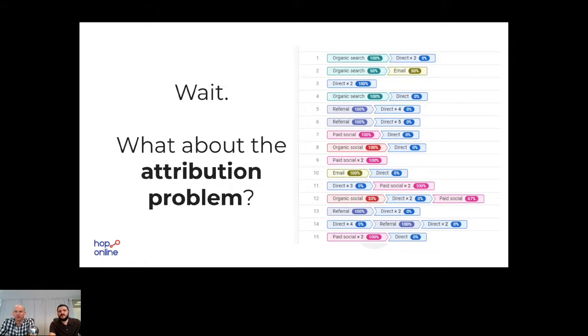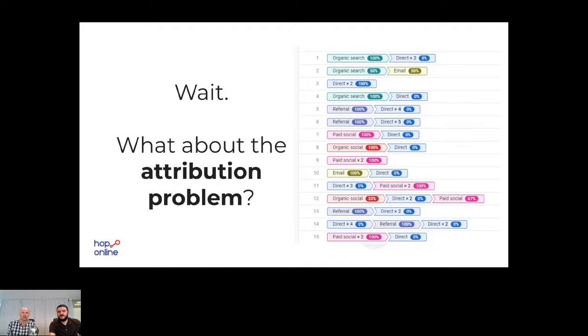They may get involved in email journeys. They may click on links from referral sites. But when you have multiple channels involved and then you have a conversion, it's not fair really to give all the credit or the value of that conversion to just that last touch point, which in many cases is, let's say, search. So the attribution problem still persists.